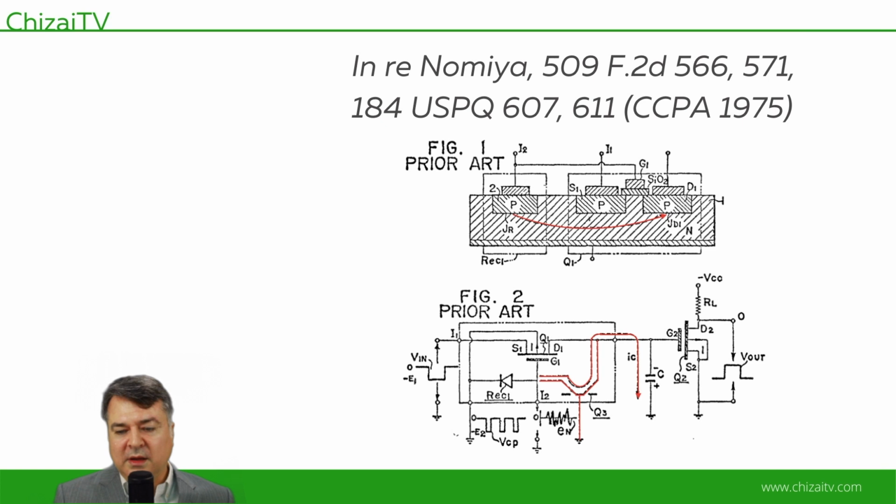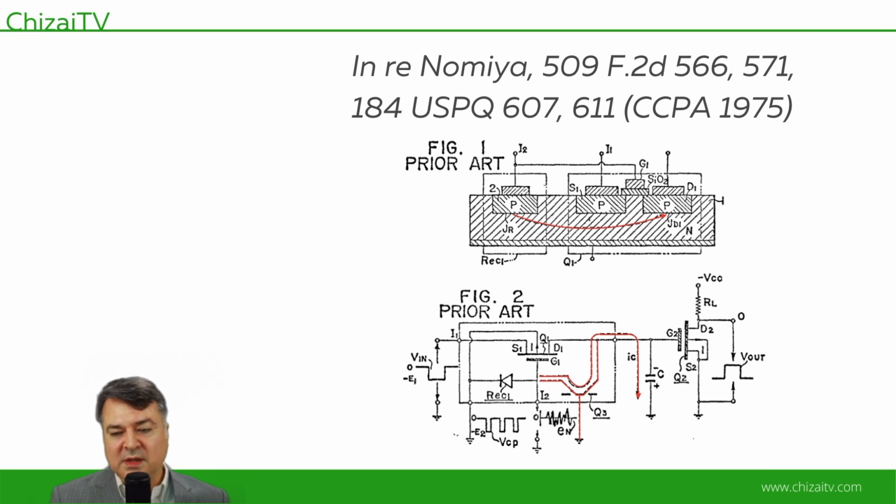He had figure 1 and figure 2 here as the prior art, but the red portions are new. So he invented the red portions. These two figures were in his application, and the examiner used these figures, not considering the red portions, but just the figures themselves, and then found another piece of prior art, combined it and rejected the claims.